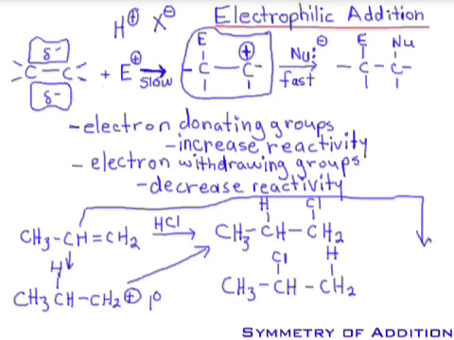would form to make the bottom molecule. Well, here the H added on the end, so I'd have CH3, CH, CH2. The H would add here. And what do I get here? Positive.